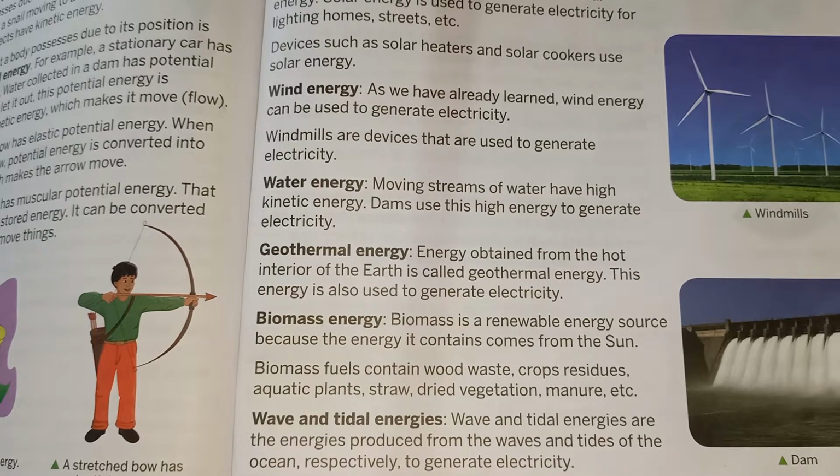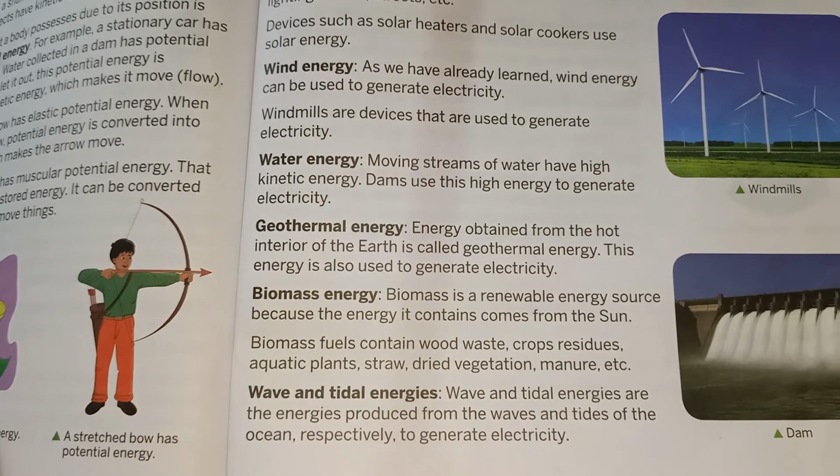energy can be used or converted to generate electricity. The heat inside the earth can also be used to generate energy, and the heat inside the earth can be renewed very easily and does not get exhausted easily. The energy which you get from the heat of the earth is known as geothermal energy, which can again be used and converted to generate electricity.